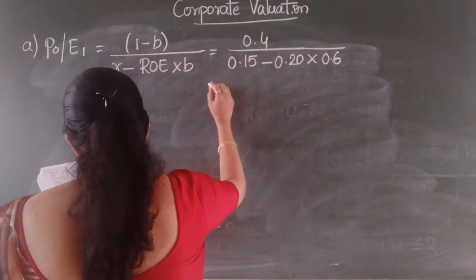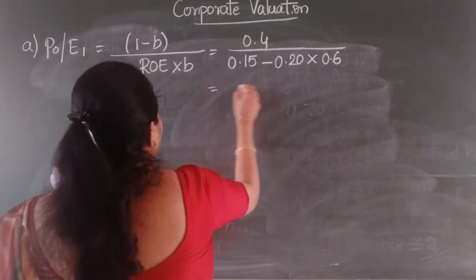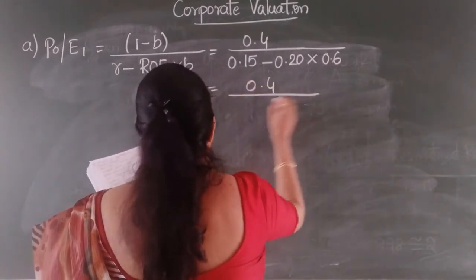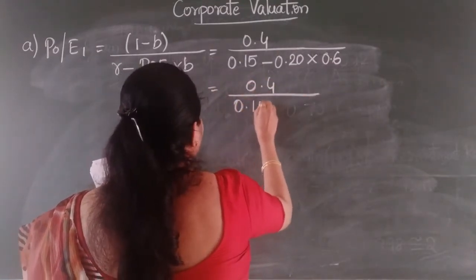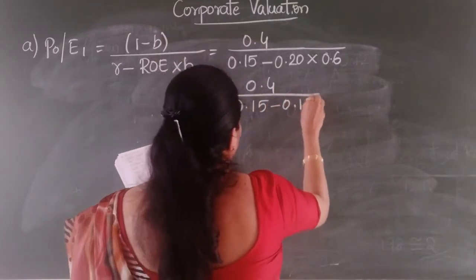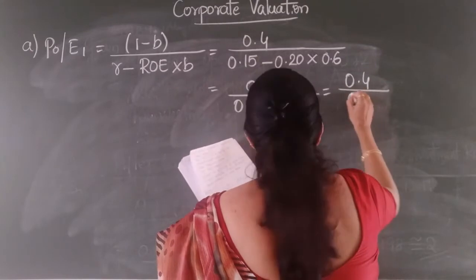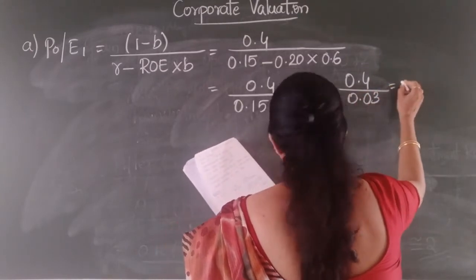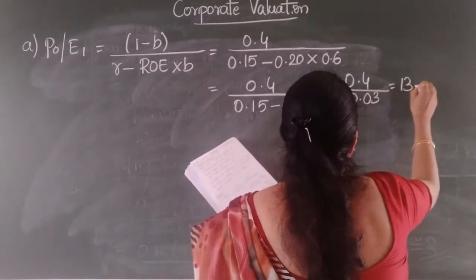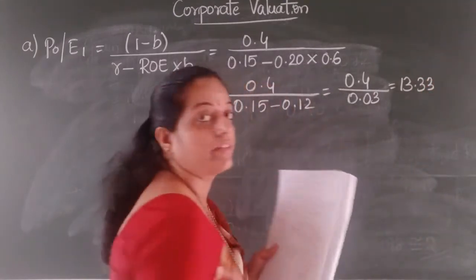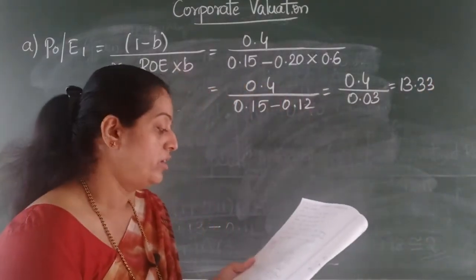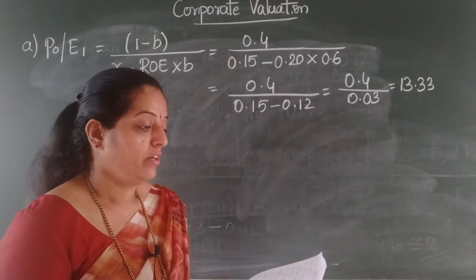So 0.4 divided by 0.15 minus 0.12, that is 0.4 divided by 0.03, is equal to 13.33, the answer for PE multiple.